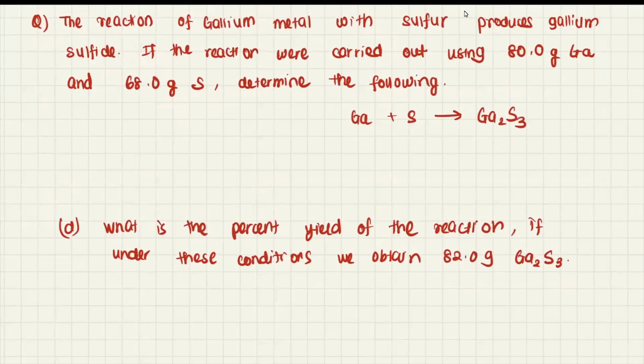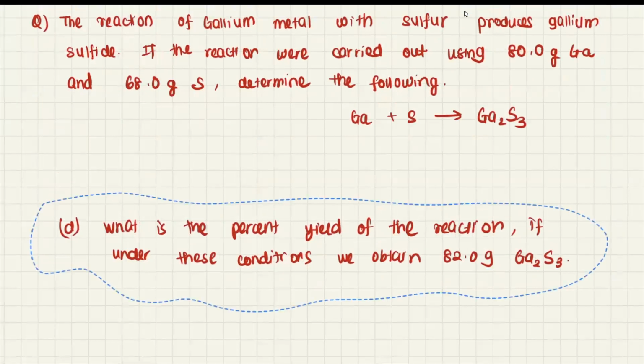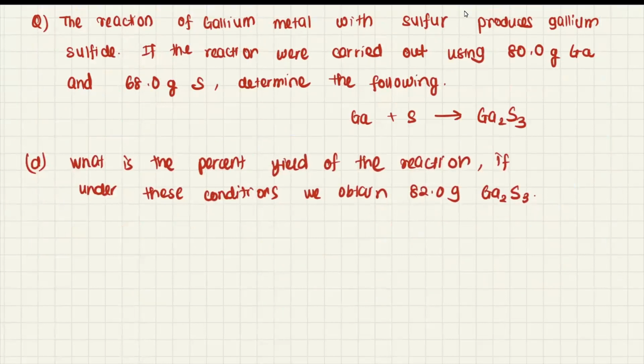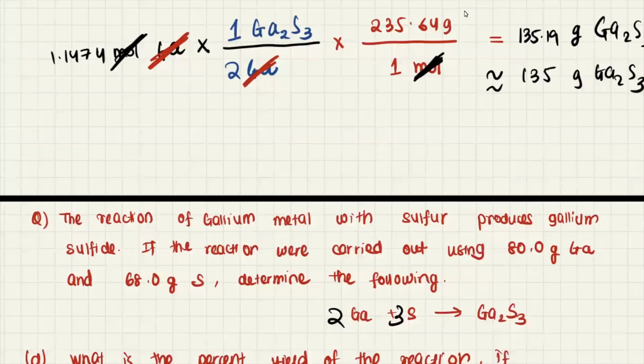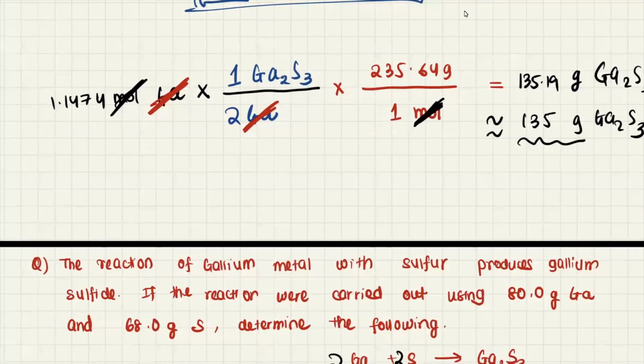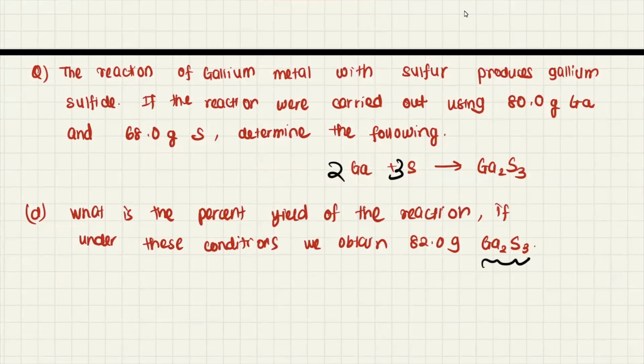Now, they want the percent yield, right? So we have 2 here, 3. So when we calculate how much of gallium sulfide we got, we got 135 gram, right? So the theoretical yield was 135 gram.